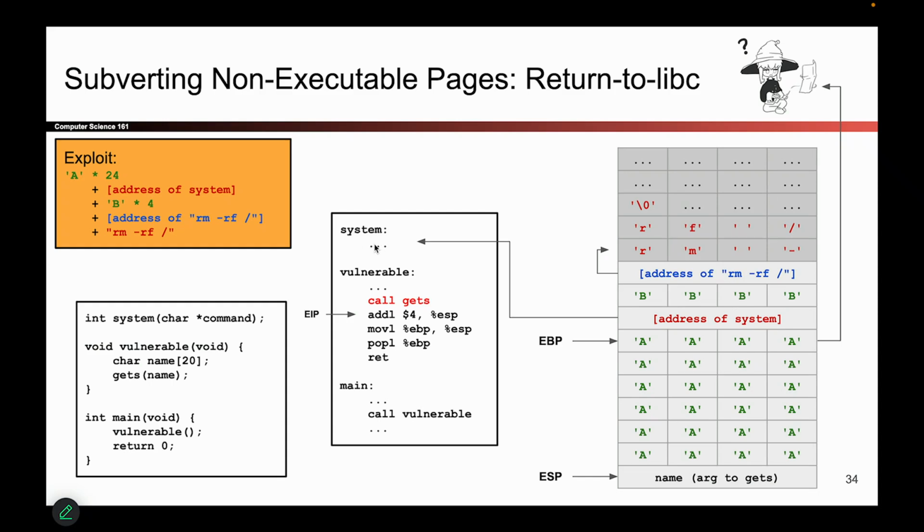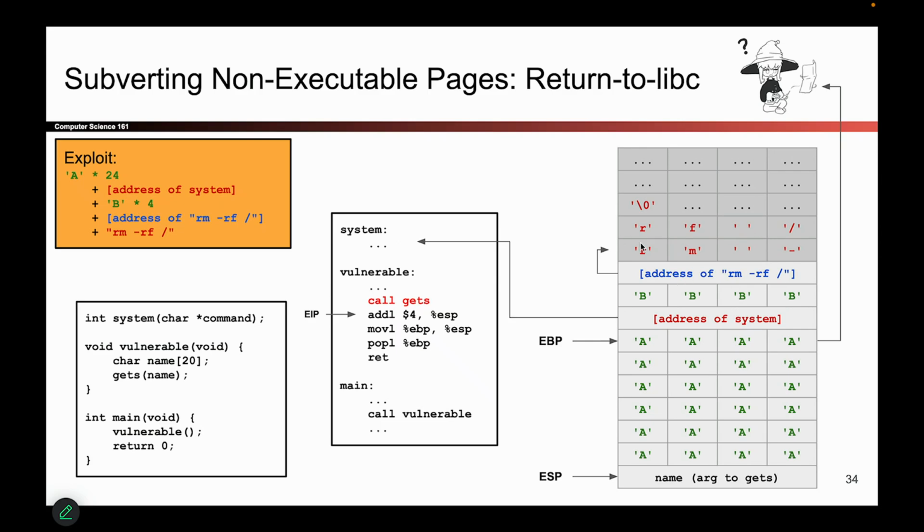And remember how we said when you go to system, how does system know where the arguments are? Where does it go to look for arguments? It goes on the stack. So in addition to writing this address, we can also write a malicious argument. For example, rm -rf. And now what we've done is when this program returns, it's going to go to system, and it's going to read this as an argument and cause malicious things to happen.